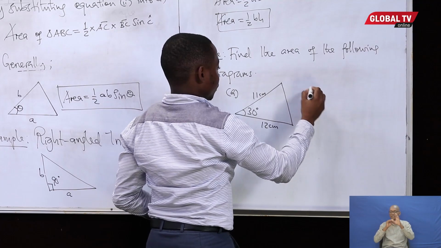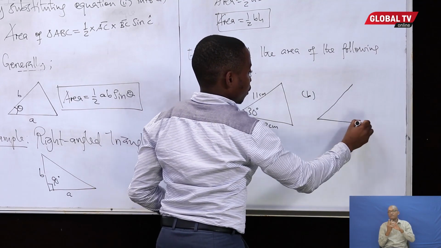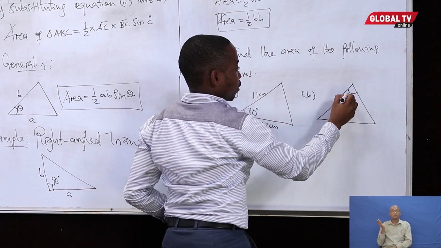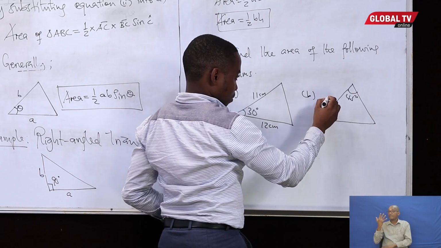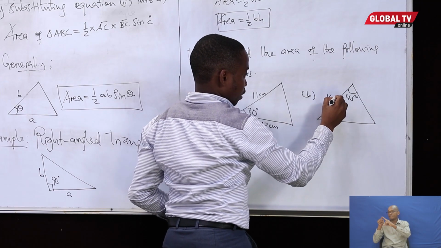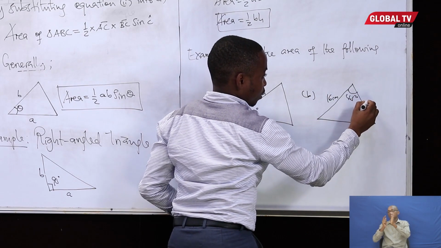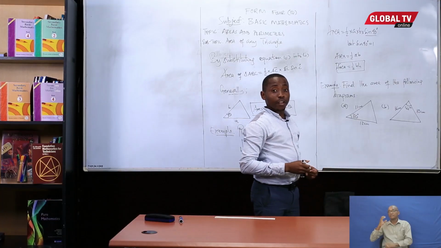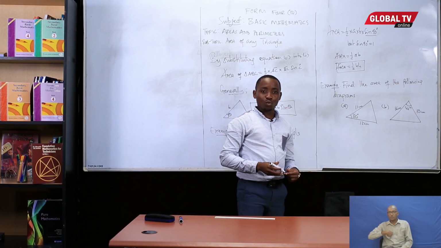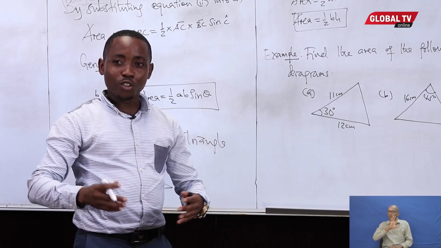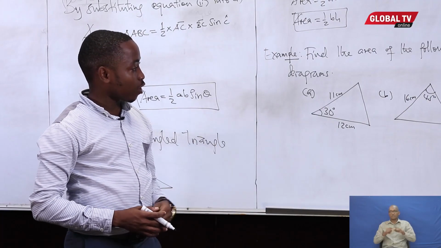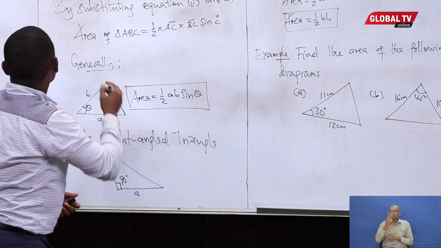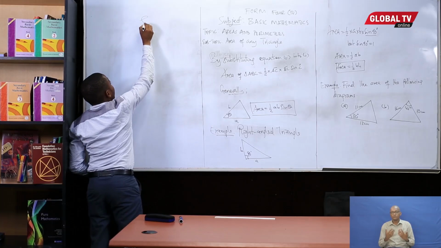Diagram B, let's say you have your triangle, this one. Here you have 45. This one is 16 centimeters, and here you have maybe 10 centimeters. We need to find the area for those two triangles. Now, what will be the solution for these triangles? How can we get the area for the two triangles? Solution.